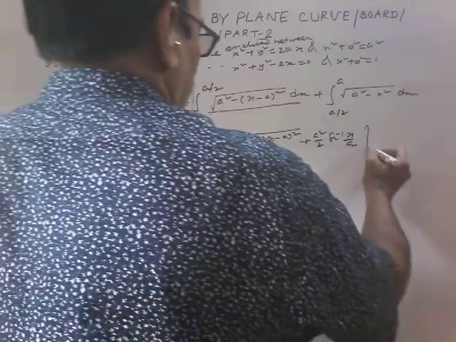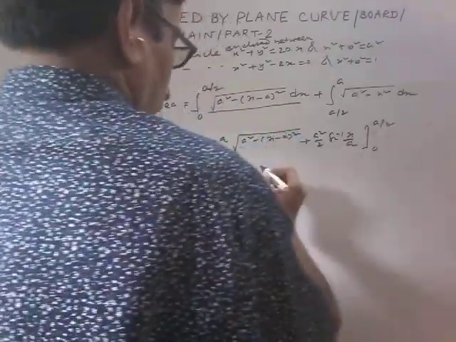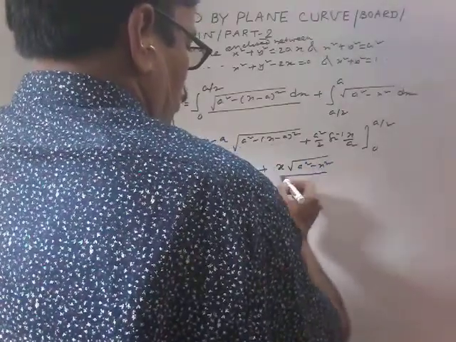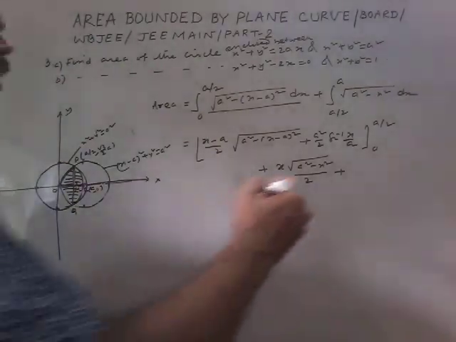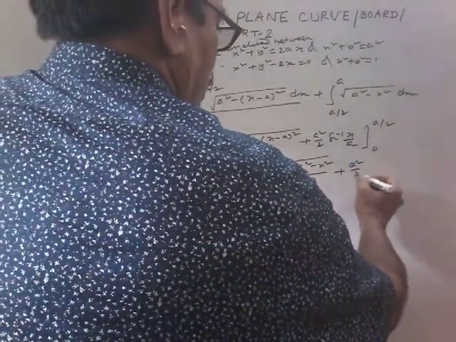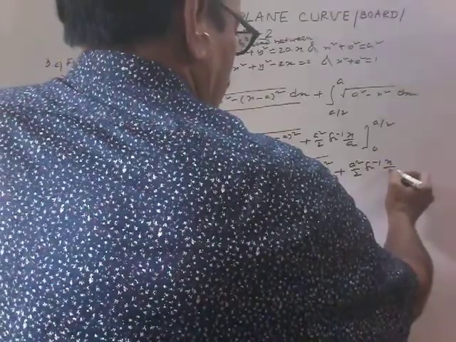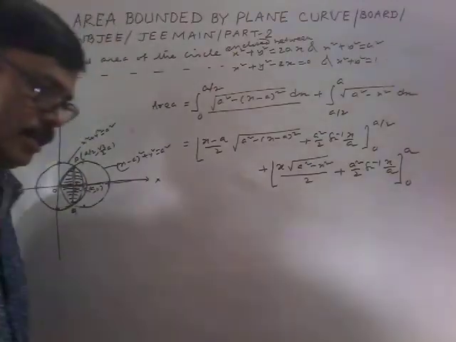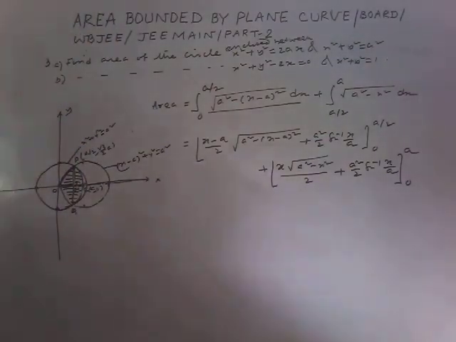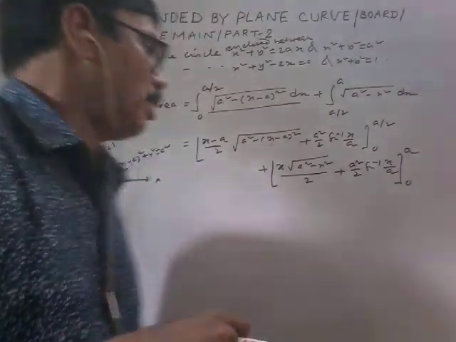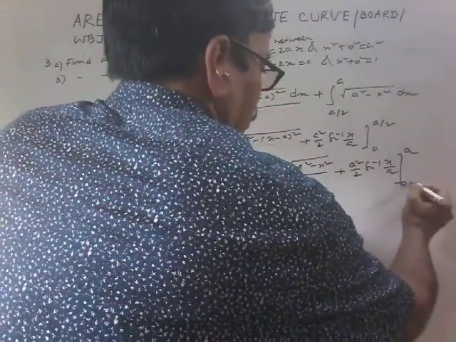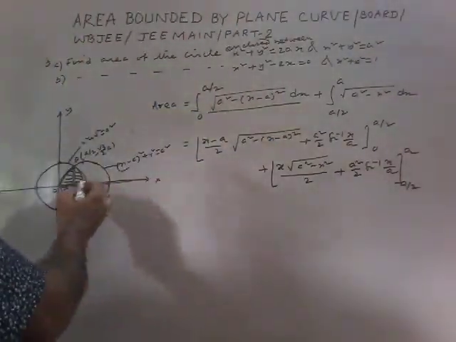This is the first part, 0 to a by 2, and this is the most important formula for finding area, x by 2 root over a square minus x square, plus a square by 2 sine inverse x by a, a by 2 to a.